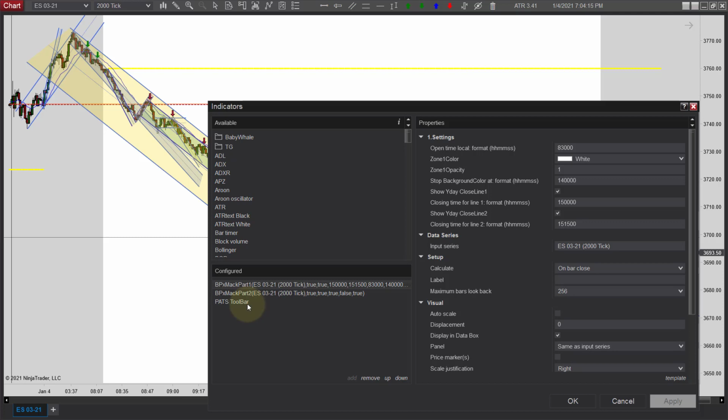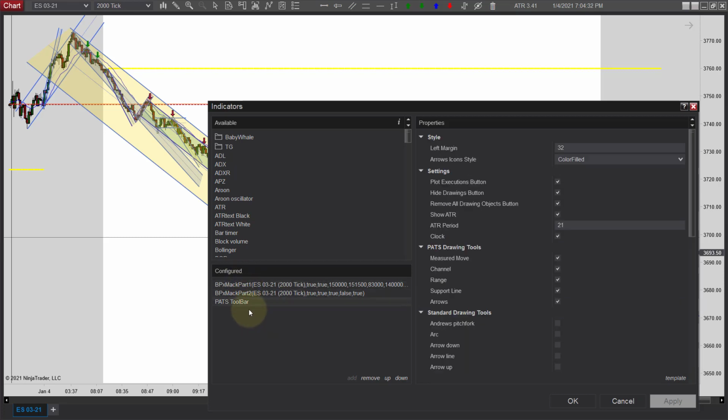I don't know how I missed that, but the only things I have on mine now are the BPX Max, which has two parts. There's only one file, but when you load it, it puts these two parts in, and then the toolbar, and then the news, which looks like it's gone. We got the new news.